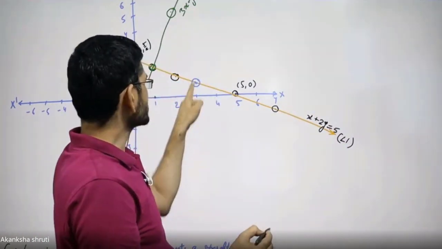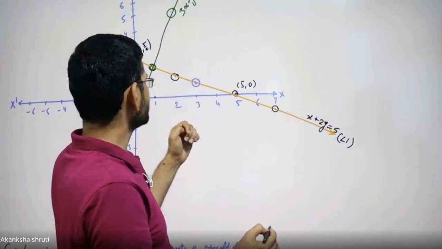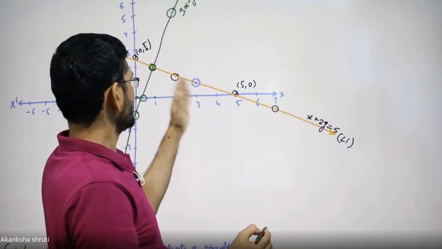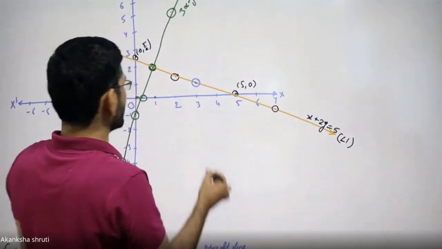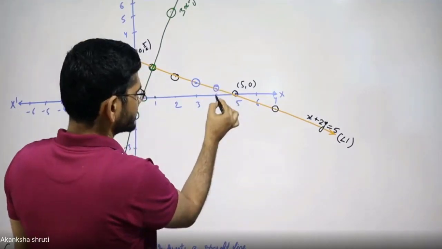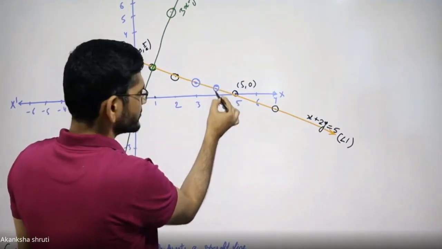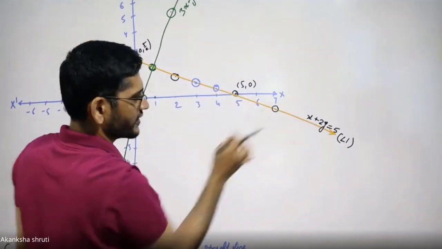Means x is equal to 3, y will come to some value, 1 point something, it will appear like that. That will be a solution for this first line. Even if you choose any other point, say this point also, here x is equal to 4, y will have some value. That will give another solution for this line only.